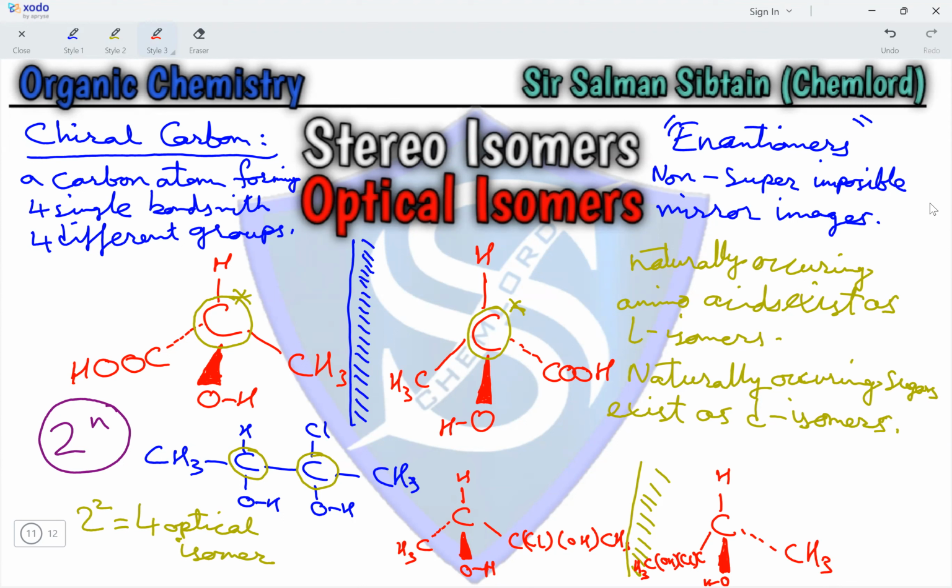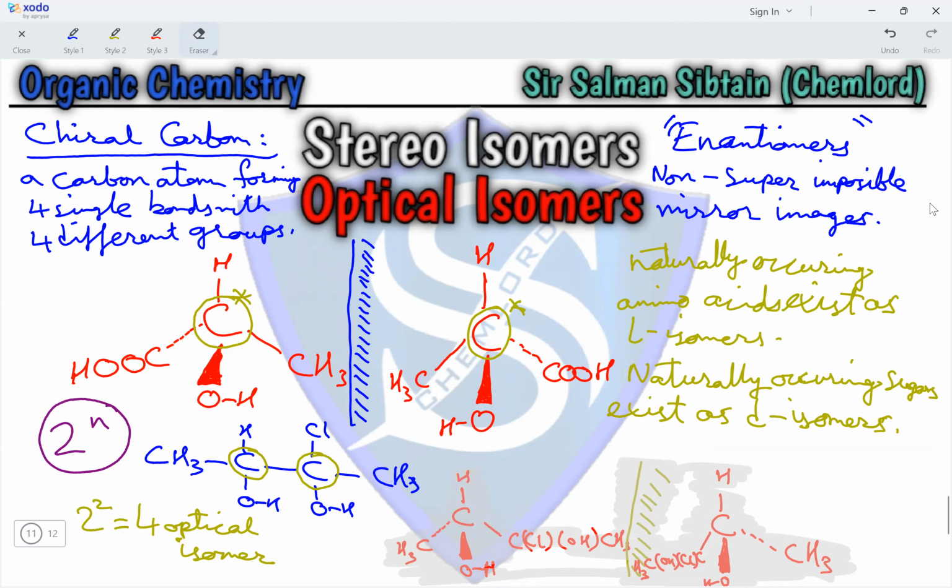So these will be the possible optical isomers for the chiral carbon on the left, and for the chiral carbons on the right, we'll need to make some space here. We will have two more isomers present, totaling to four possible optical isomers of the given compound.